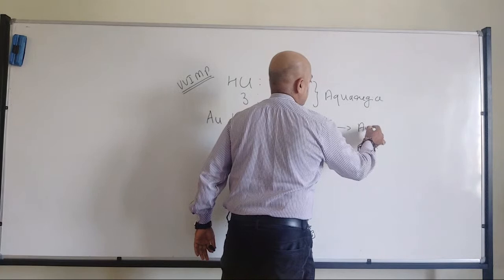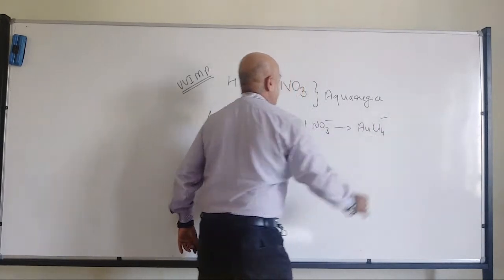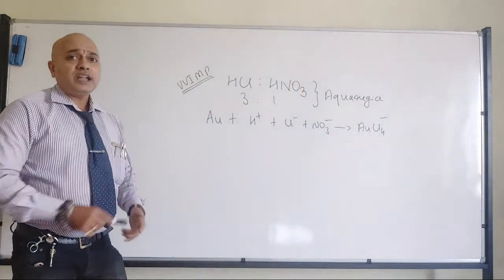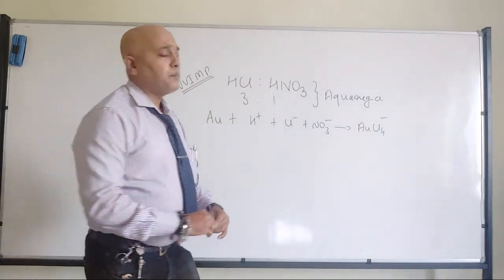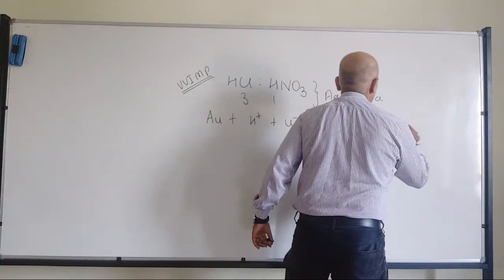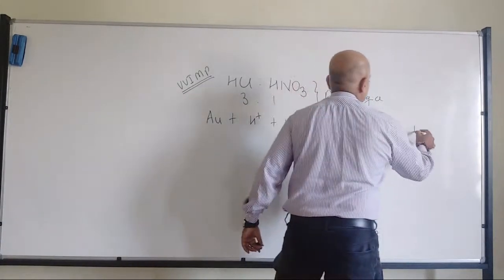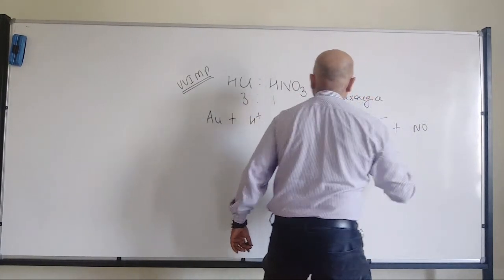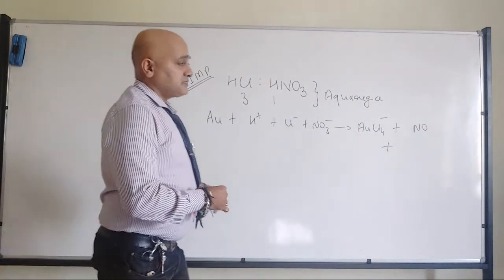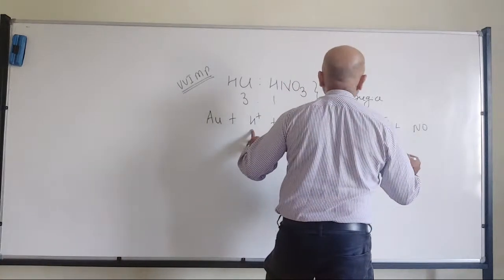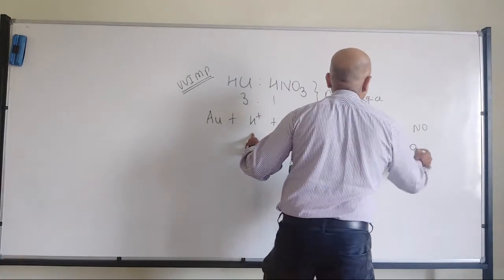On the product side, we get auric tetrachloride, that's why we have AuCl4 minus. Another product will be nitric oxide, and since H plus is here, another product should be water.